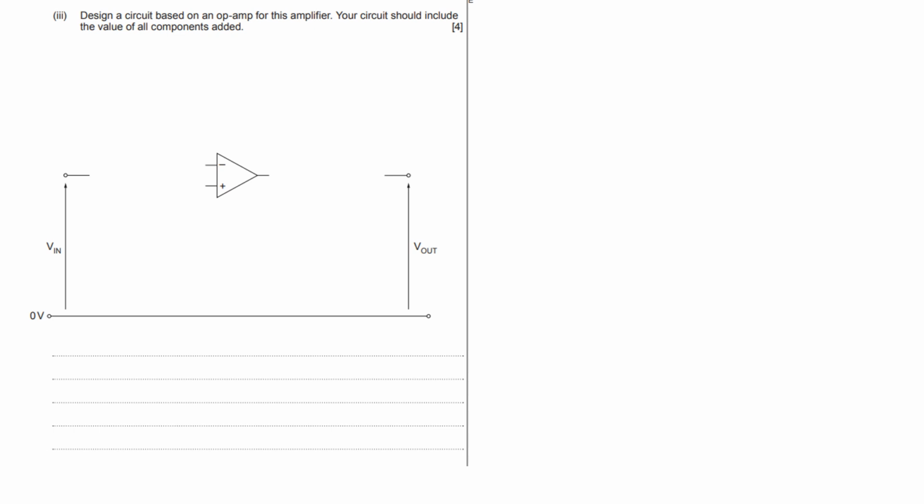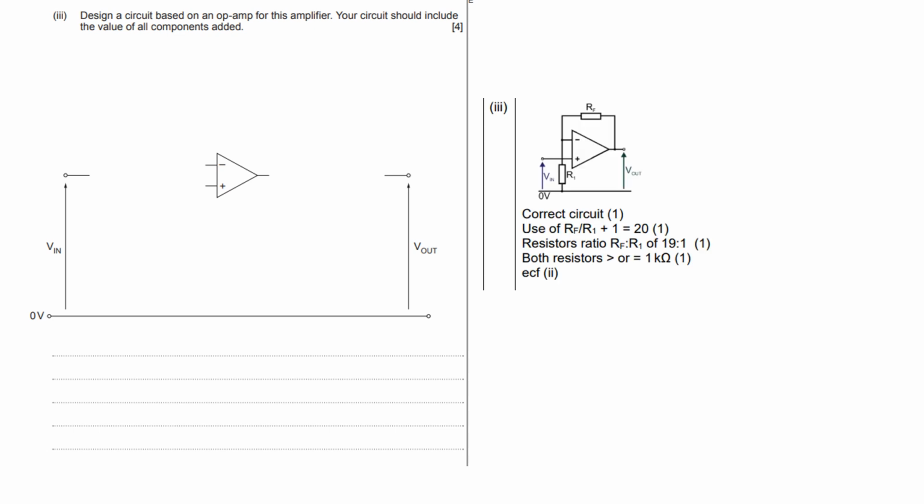Of course, there'll be a ratio of 1 to 19, because remember the equation is 1 plus RF over R1. Non-inverting, V in goes into the non-inverting input. Resistors still link back to the inverting input, unless it's obviously a Schmitt trigger, which will be in component 2. But there you go, there's your answer, dead easy. So RF would be 19K, R1 would be 1K, for example. 4 marks, lovely.